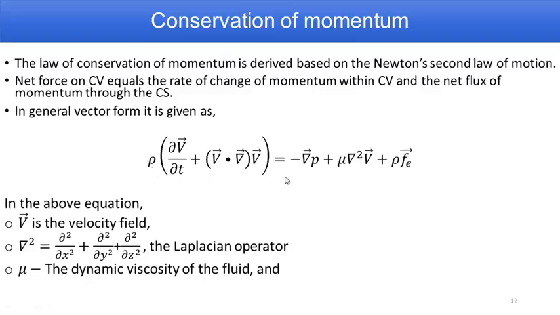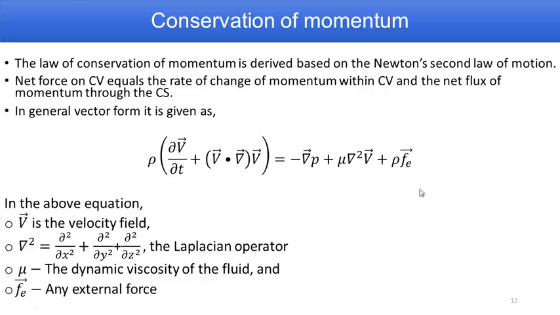So if you divide the equation by rho, then you get mu by rho, nu, 1 upon rho into del p, and only the external force. If you are applying it to a problem involving a magnetic field, then this external force Fe represents an additional magnetic force.